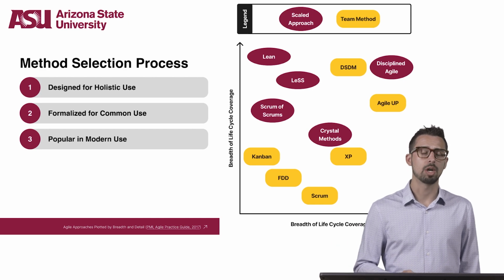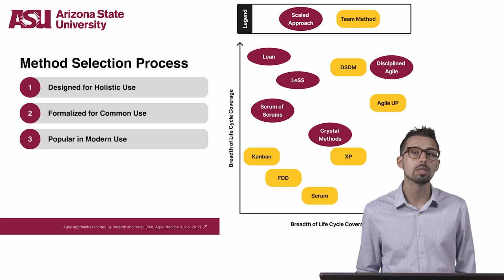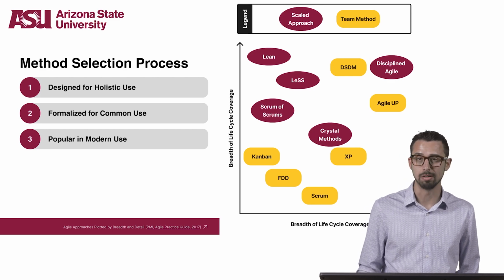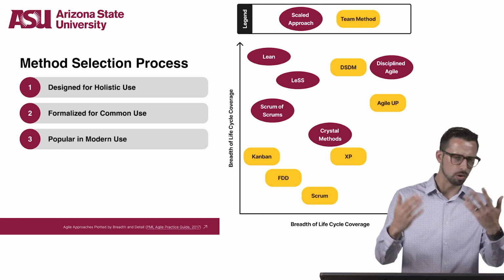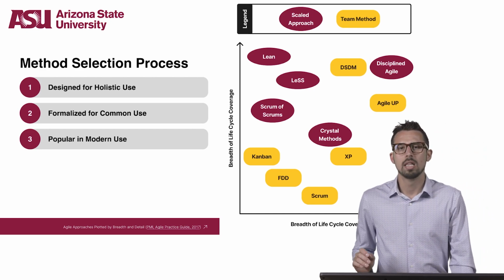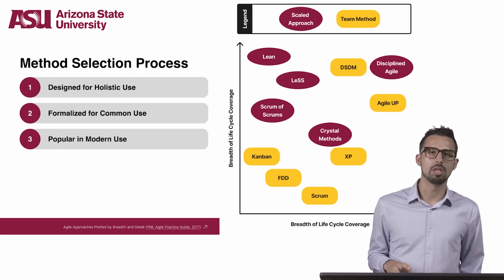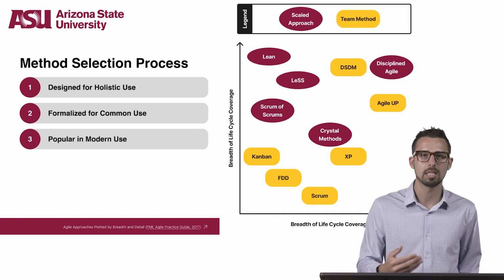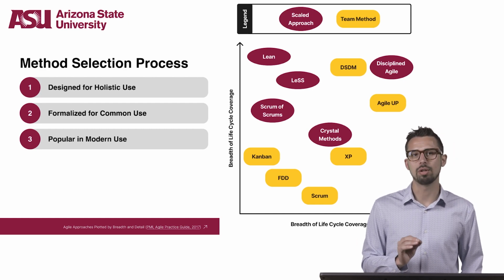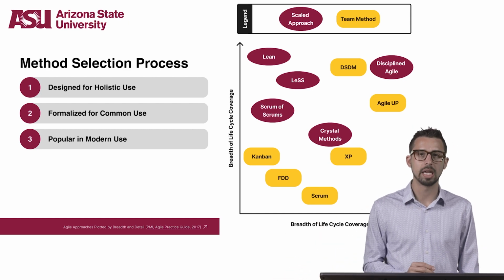Some Agile frameworks are proprietary in nature and designed for specific use by oftentimes a single organization or within a very specific or single context. The frameworks described in this module focus on those intended for common use in a variety of contexts. And then I've also looked for Agile frameworks that are popular in modern use today.